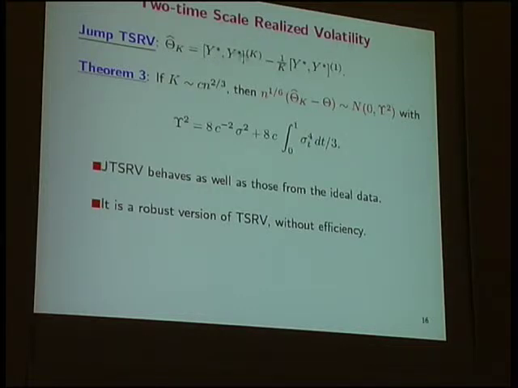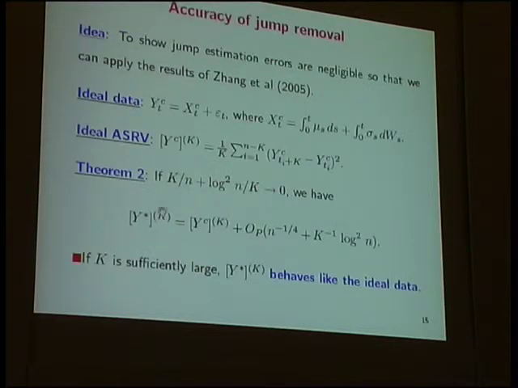So I got this. With a star, all I mean is I apply wavelets to detect where the jump is and then remove the jump. Then you could show, just like applying our theorem here, that this is the ideal data Ait-Sahalia and Mykland would like to use, and this is the real data we have here.